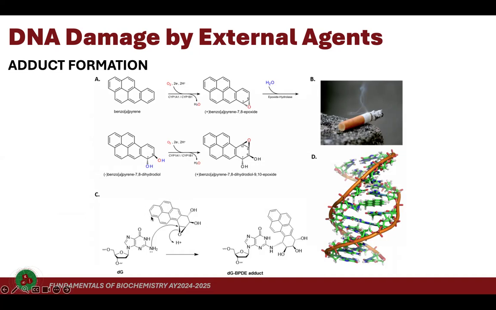And then since part of the benzo[a]pyrene is aromatic, it can intercalate. It positions itself between the base pair ladder of your DNA, and that is what we call the adduct. So it also changes the physical structure of your DNA molecule.